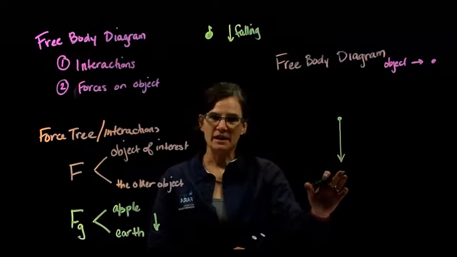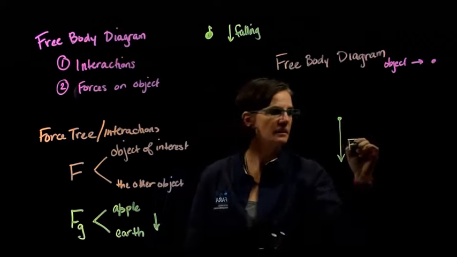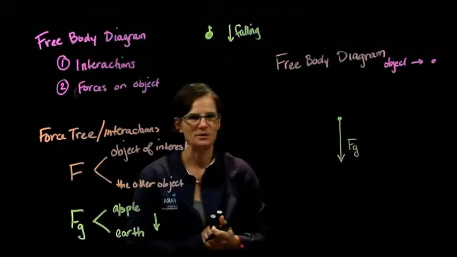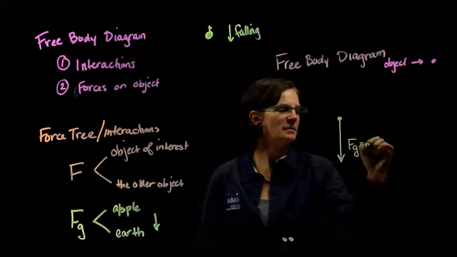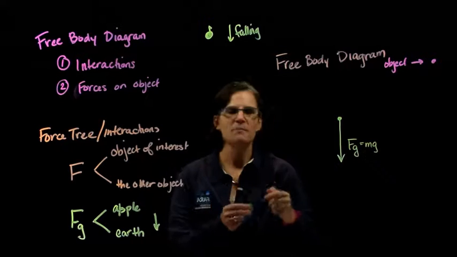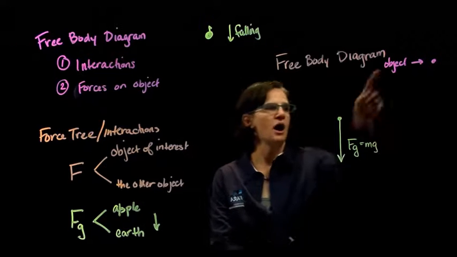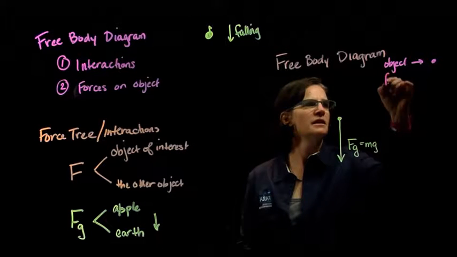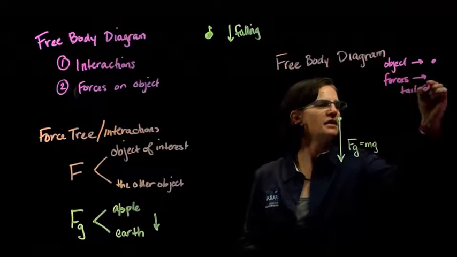We have a single force acting on the object. It's pointing in the downward direction. And then we label that force. And remember when we talked about the force of gravity, I'm going to encourage you to do this. It's always best just to throw that mass times gravity in there to remind us. So our object is represented by a dot. The forces, the tail at the object.